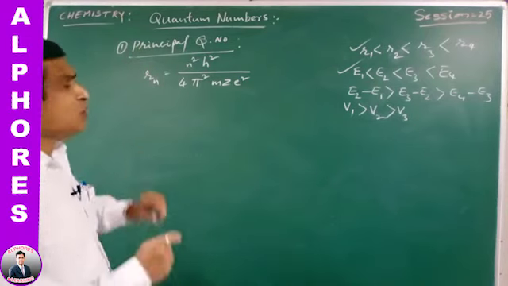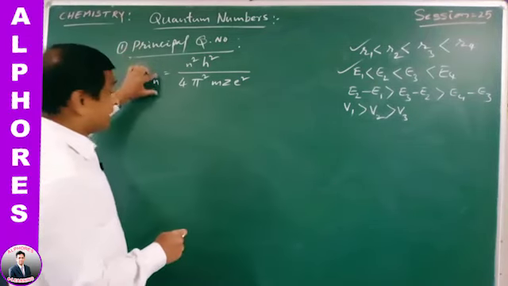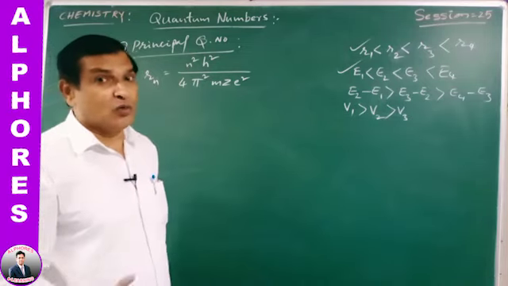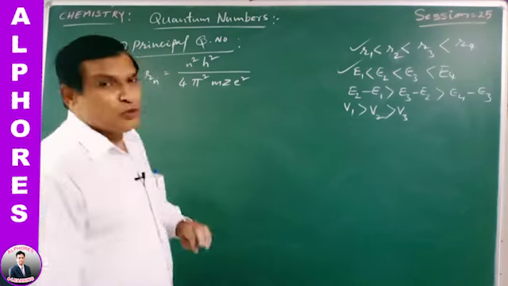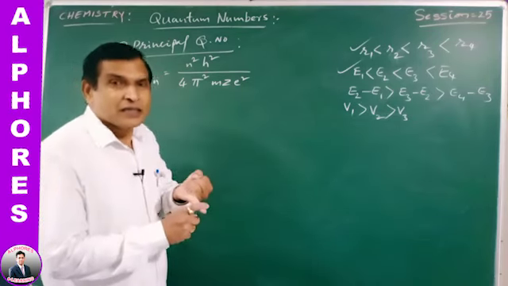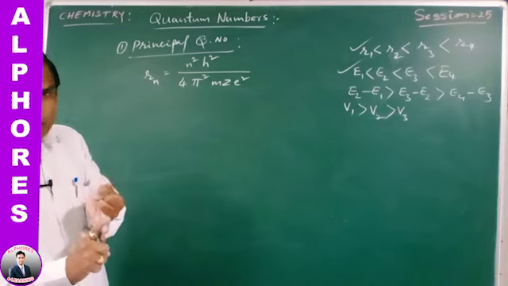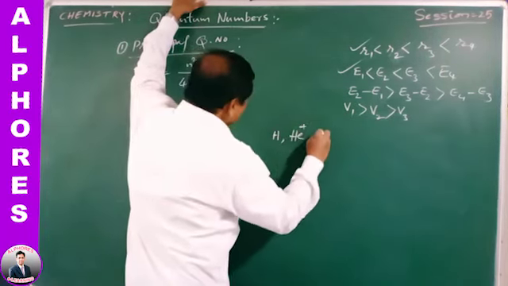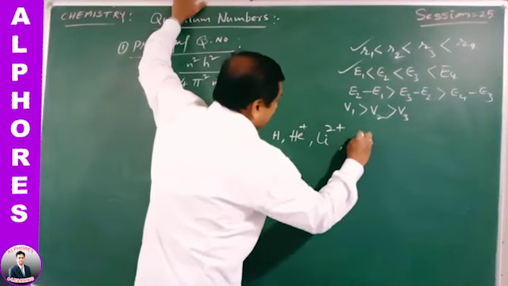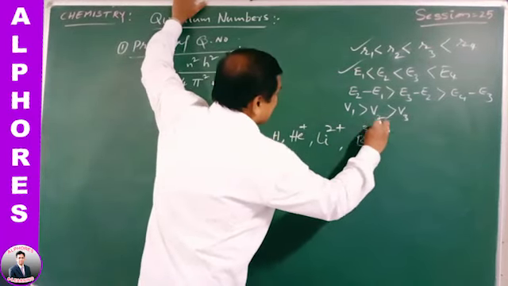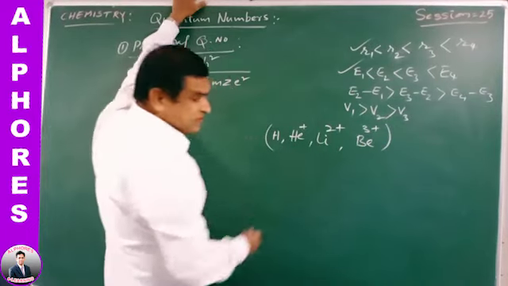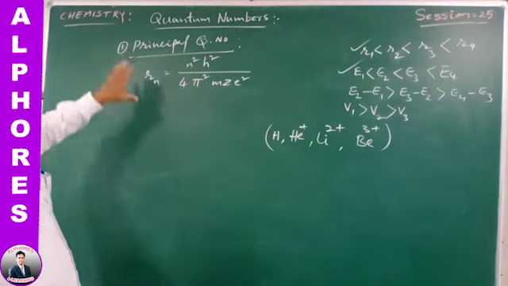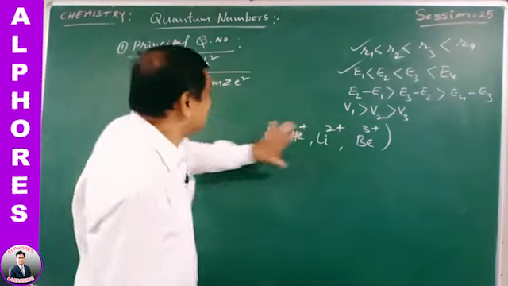Bohr's equation to calculate radius of nth orbit of species containing one electron only. That is applicable to hydrogen atom, helium ion, lithium 2 plus and beryllium 3 plus. So that is one electron containing species like this. That is Bohr's equation to calculate radius of one electron containing species.